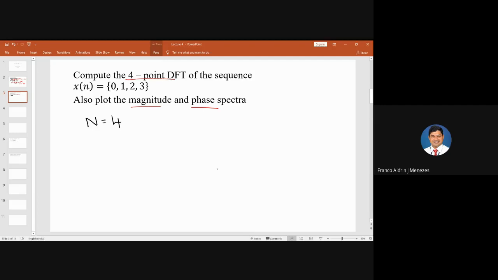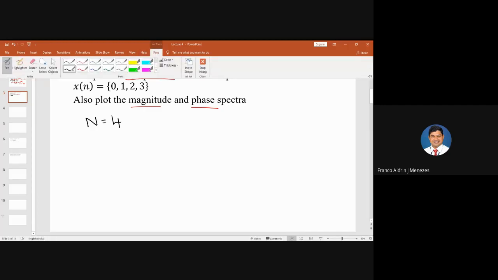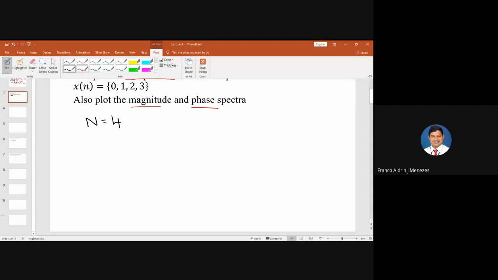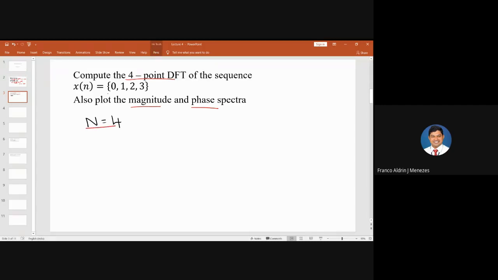The first step in solving the problem here is to check whether the sequence has 4 samples. Since n is equal to 4, we have to check whether the given sequence has 4 samples. Seeing here, this is for the 0th instant, first instant, second instant, and the third instant.